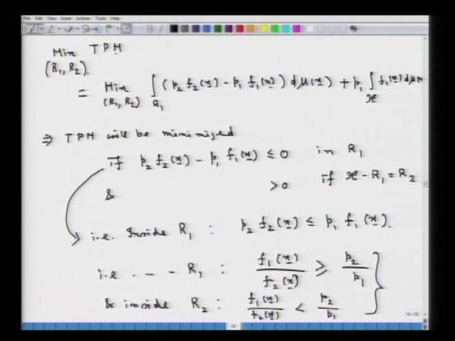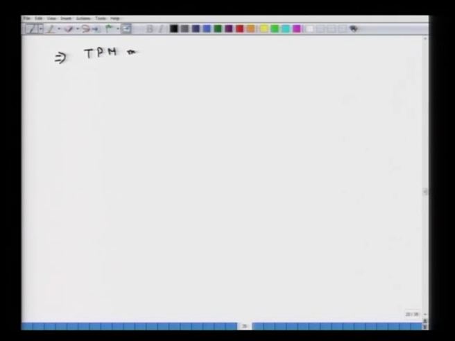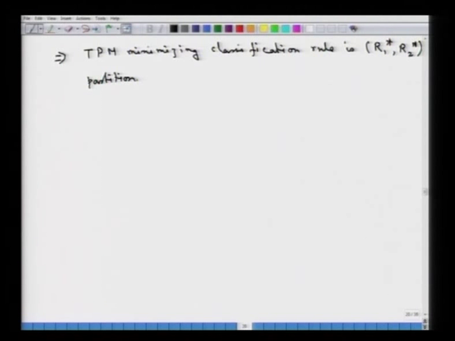So, this would imply that the TPM minimizing classification rule is, say I write it as the R1 star, R2 star partition, such that we have in R1 star.